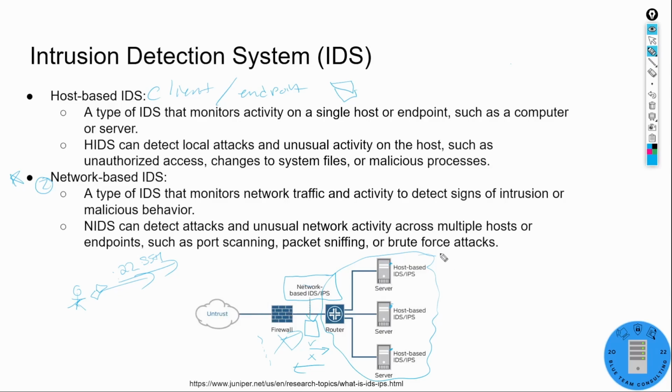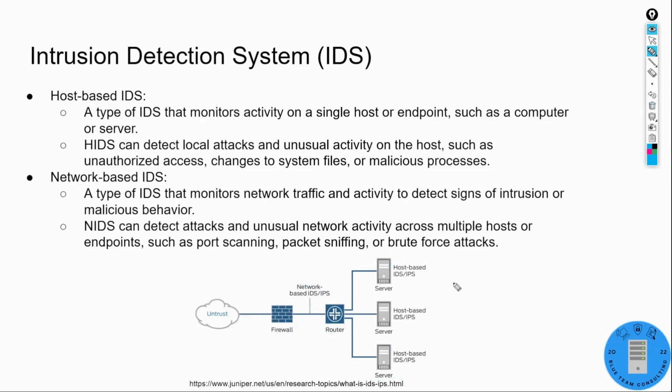Brute forcing attacks or packet sniffing, again, your IDS will take care of those packets being dropped or rejected. Just a high-level overview of different intrusion detection systems you can have. Remember, you have host-based, which is an agent that lives on the host or endpoint, and then a network-based intrusion detection system that will sit in line for your network traffic.